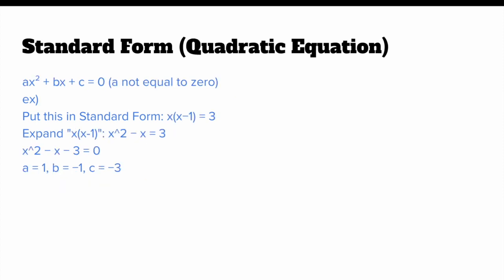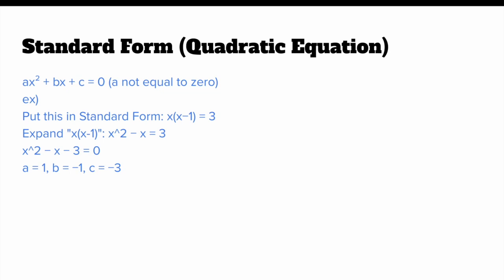Now let's look at the standard form of a quadratic equation. The standard form for writing down a quadratic equation is ax squared plus bx plus c equals 0, in a way that a is not equal to 0.